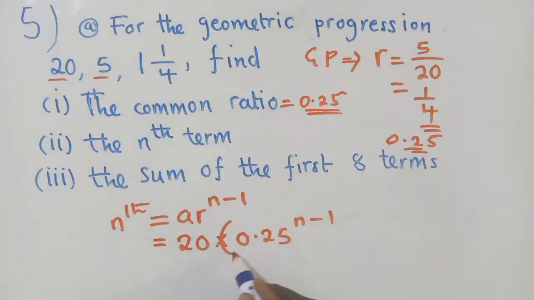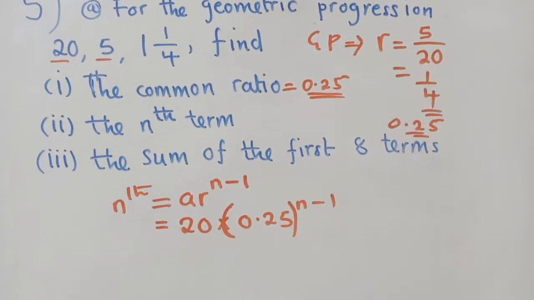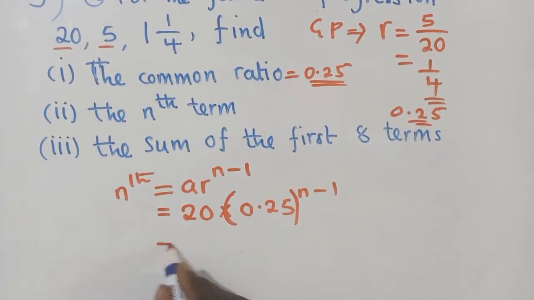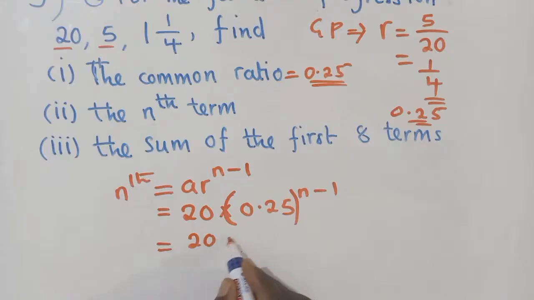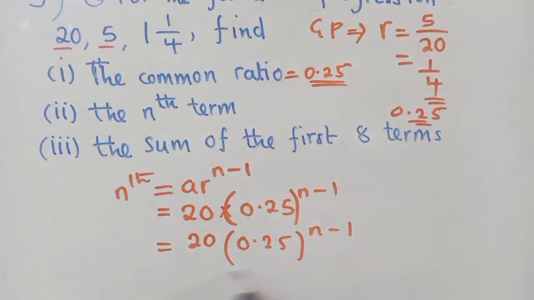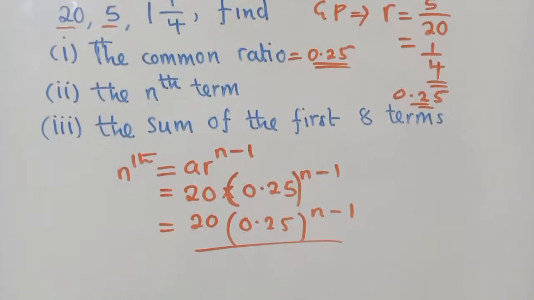Or if you want, you can put this inside the brackets because this is the multiplication still. So at this point, if you want, you can leave it like this. Don't just multiply here, just leave it like this. This is the answer like this.